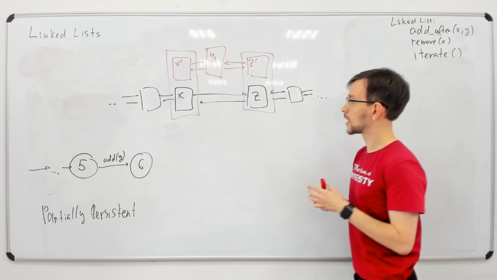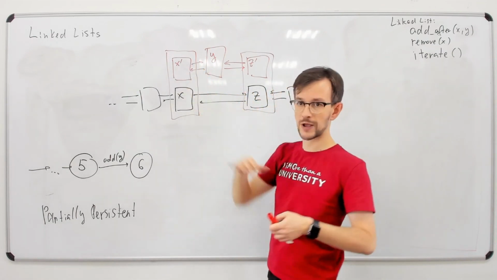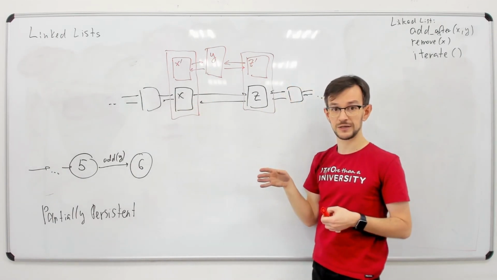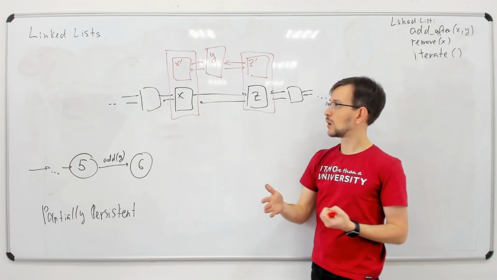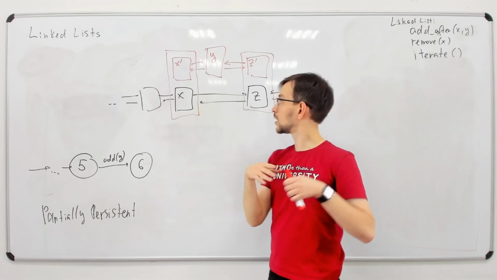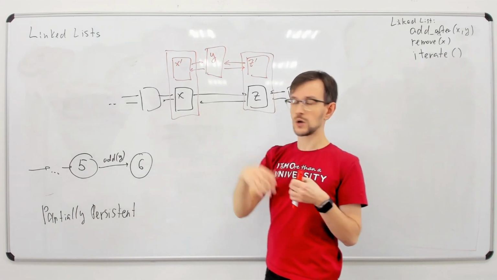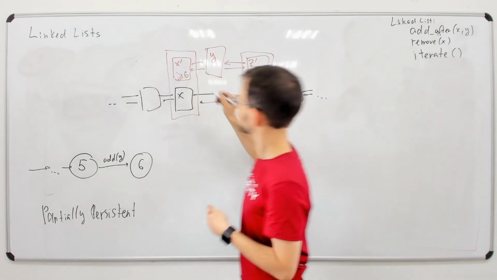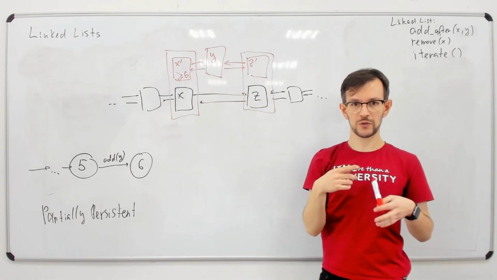But how can we check which version of element x to use when we walk along this list? It's very simple. We use the index of the version. We know that this new version is valid when the version is from 6. So if the current version is greater or equal to 6, then we use this new version of node x.